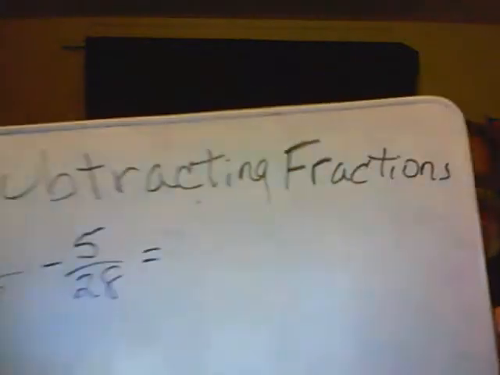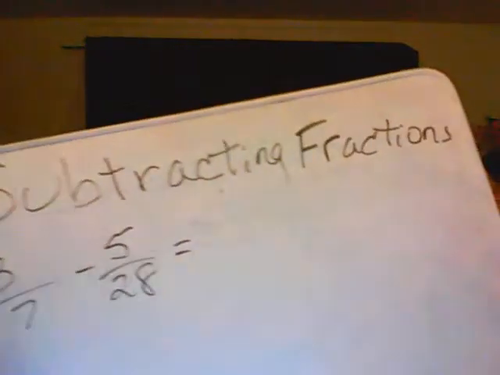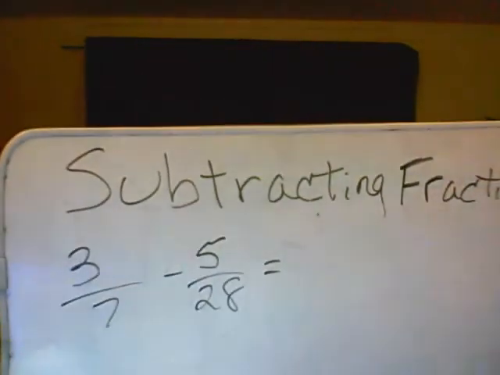So the first one is 3/7 minus 5/28. And who can tell me the common denominator of that? Good job. And how did you come up with that? Alright, so we're going to multiply 3/7 by 4 in the numerator and in the denominator. 4 times 3 is, correct?